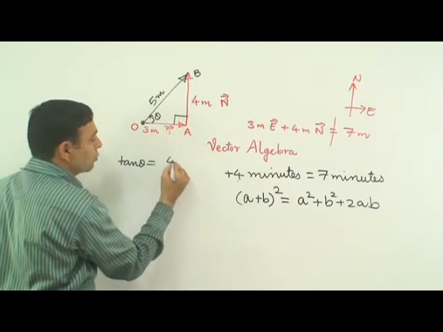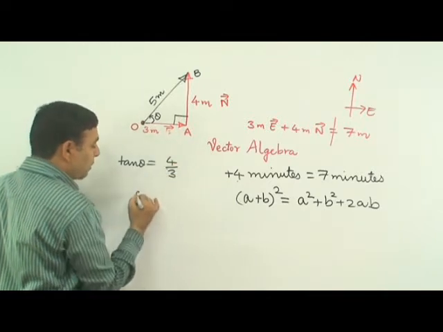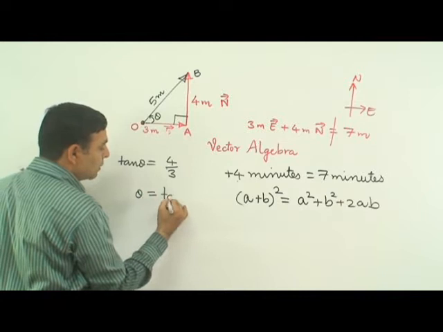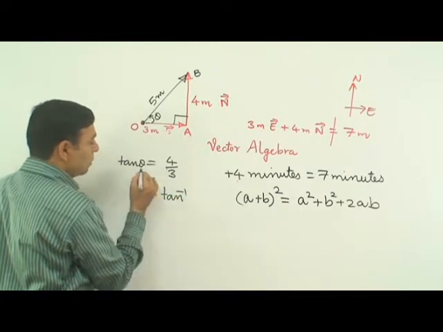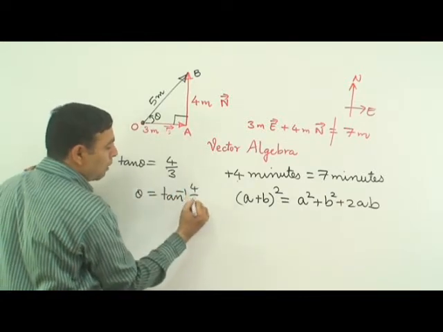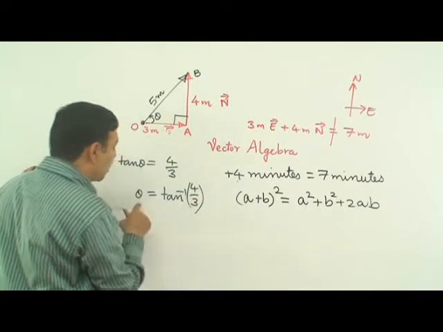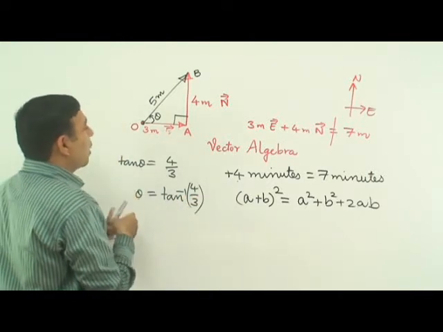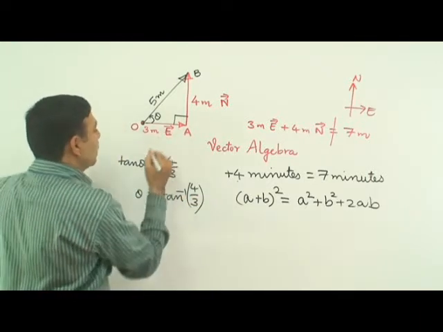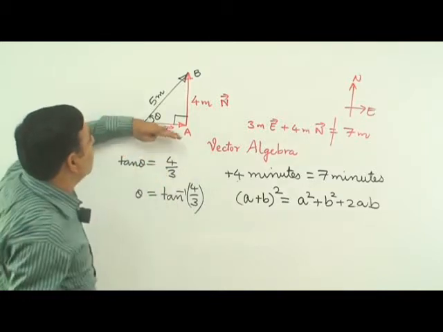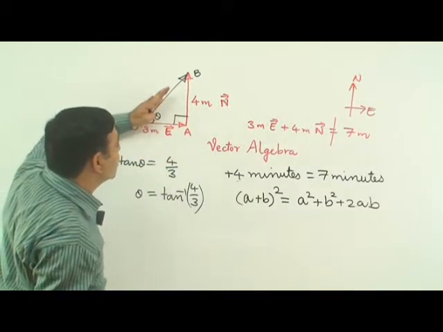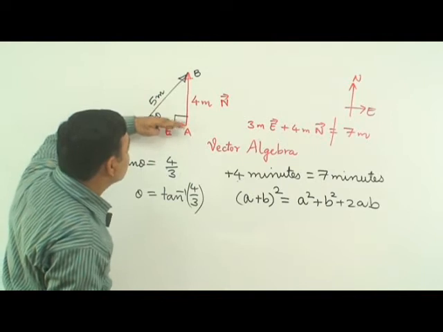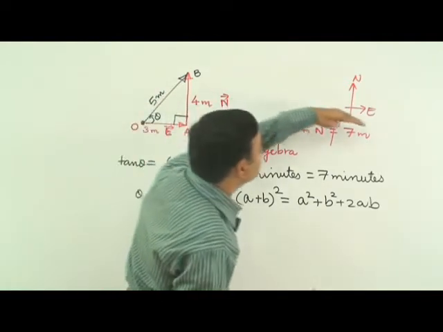So tan theta is 4 by 3. It means theta is tan inverse 4 by 3. So at this particular angle the displacement is north side of east. This is east, this is north side of east.